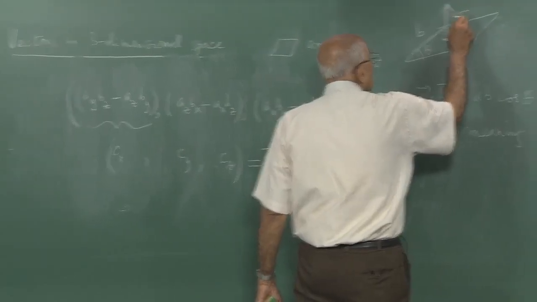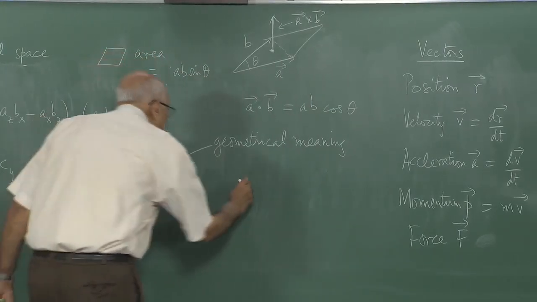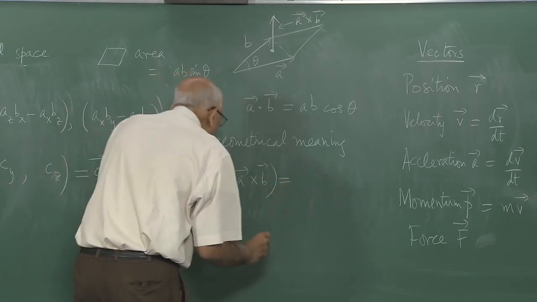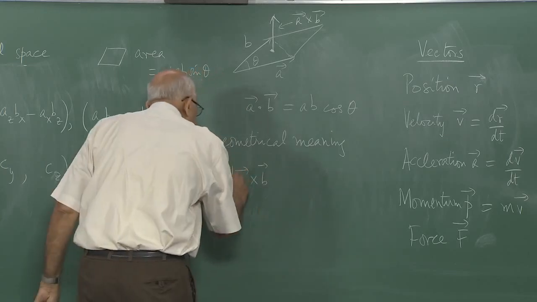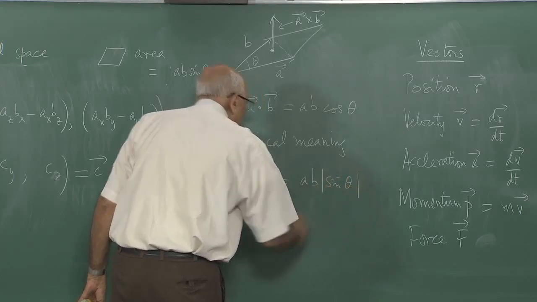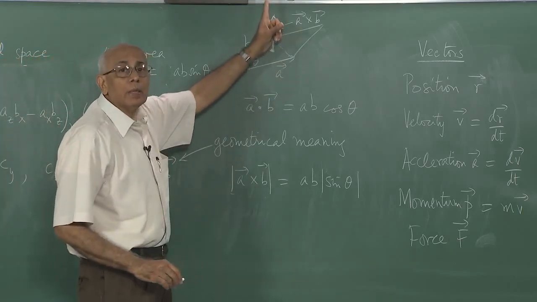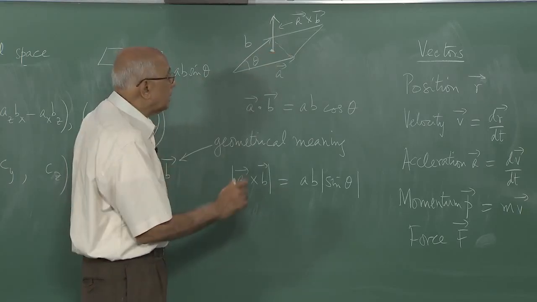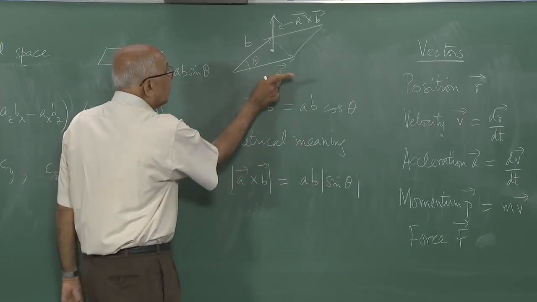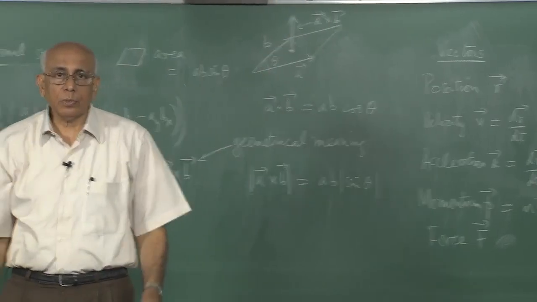So this is the vector A cross B, and therefore the magnitude of A cross B is equal to AB sine theta, and the direction of A cross B is along the normal to this parallelogram in the sense in which a right handed screwdriver moves when you rotate from A towards B. So if A is coming out here and I rotate into B, then the screwdriver moves up, and that is the direction of the vector A cross B. Okay.